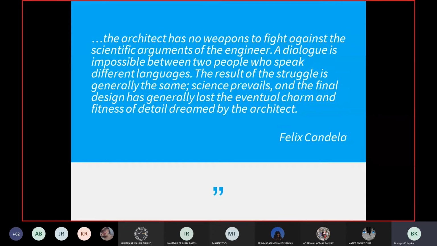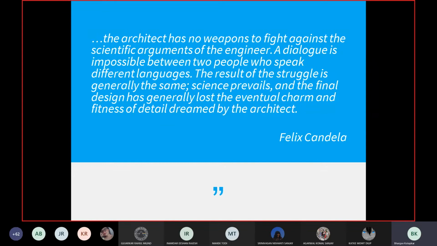In the words of Felix Candela, the architect has no weapons to fight against the scientific arguments of an engineer. A dialogue between them is impossible, as they speak different languages. The result of the struggle is generally the same. Science prevails, and the final design has generally lost the eventual charm and fineness and fitness of the material dreamed by the architect.